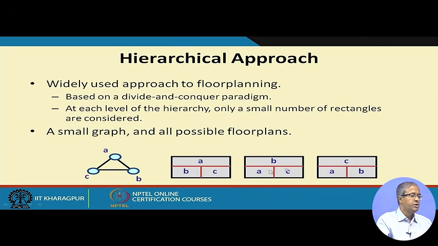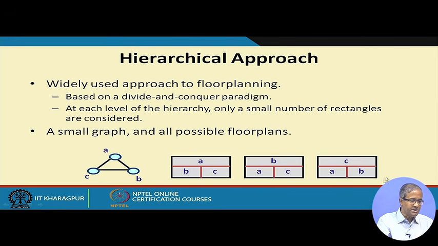Okay. So, if we have a small set of blocks, we have a graph like this, we have the properties of A, B and C, their areas and how they are connected. So, you can explore the alternate floor plans and find out which one of these 3 is the best.